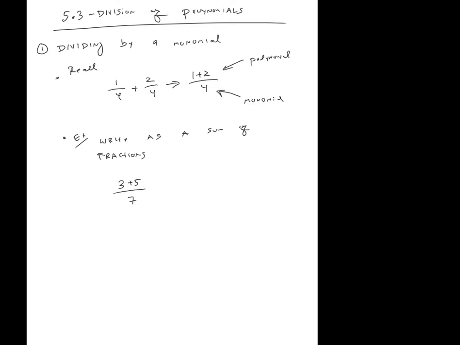I want you to show that to me like you are adding fractions. What would it look like? I don't want the answer. I want you to show it to me like you are adding fractions. What would it look like?